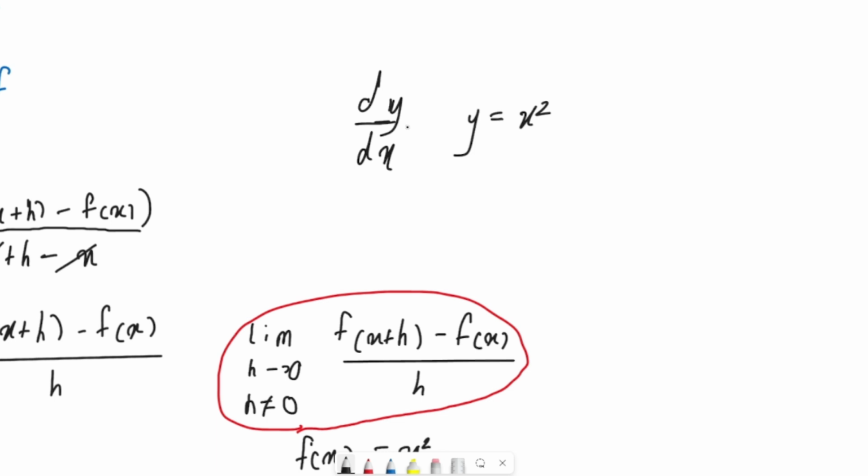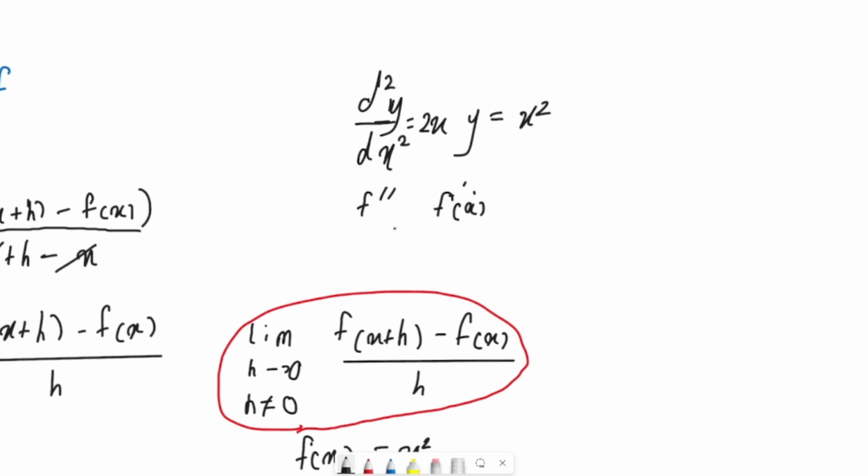And if I have it in f of x notation, f of x is equal to x squared, then I can write this as f prime of x, which I find to be easier because later on you learn double derivatives, where you add another dash instead of writing d squared y over dx squared, which you'll understand later.